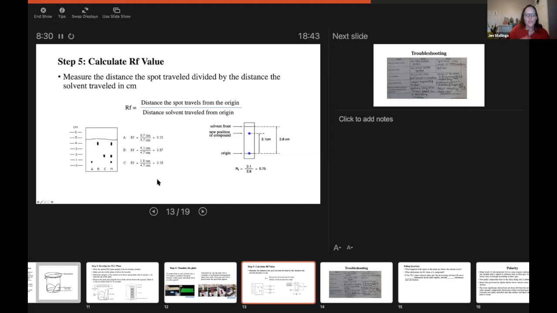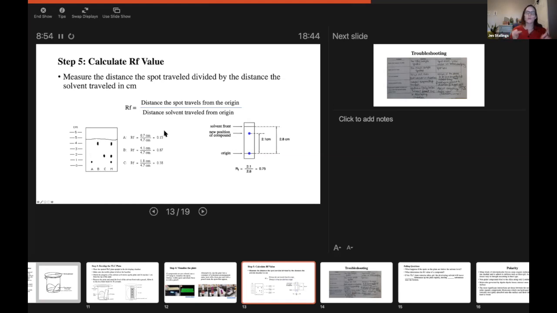And then which of those spots, A or C, do you think is the most polar? Is staying in bed? A. A, yep, exactly. So A is very attracted to the silica plate because it's polar. So A doesn't want to go to school. It traveled the least distance. So that's another way that you can tell polarity.